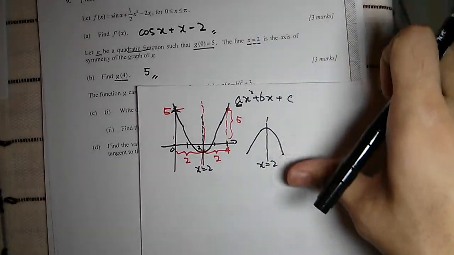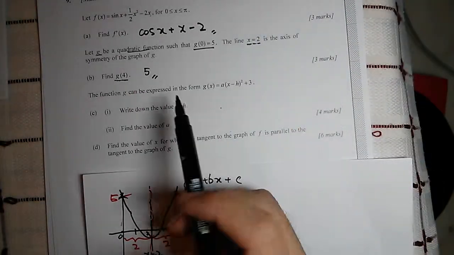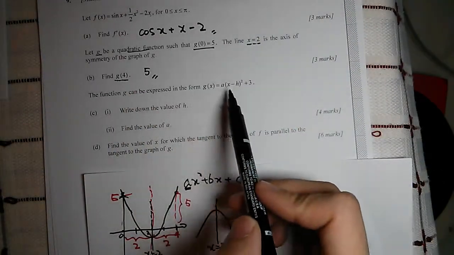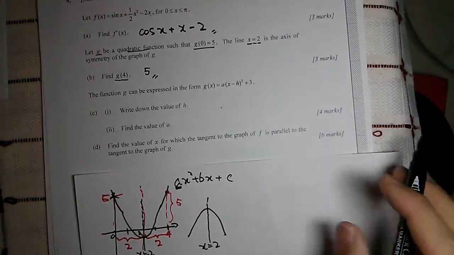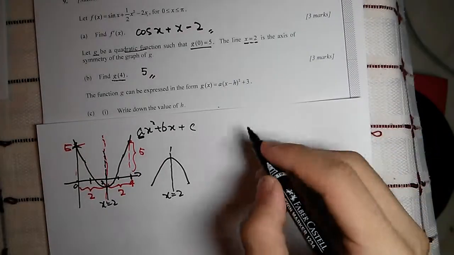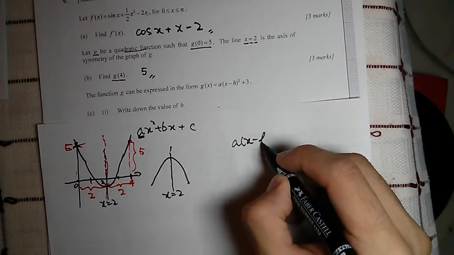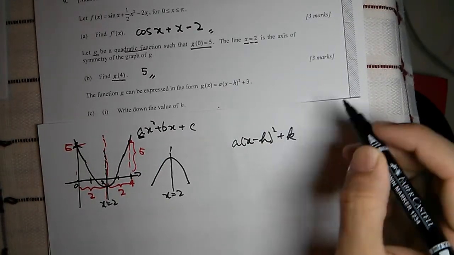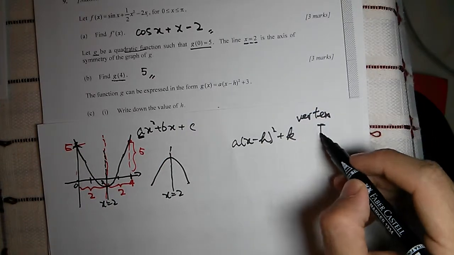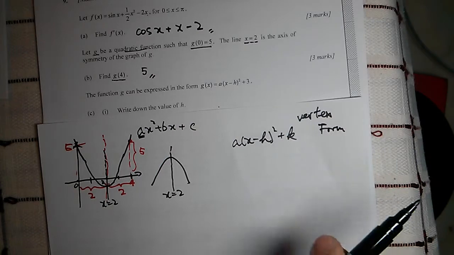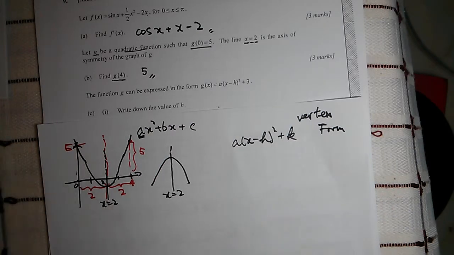Let's continue. The question says the function g can also be expressed in the form a times bracket x minus h squared plus k. If you know quadratics well enough, this is called the vertex form, which you get from completing the square. What are the meanings of h and k?